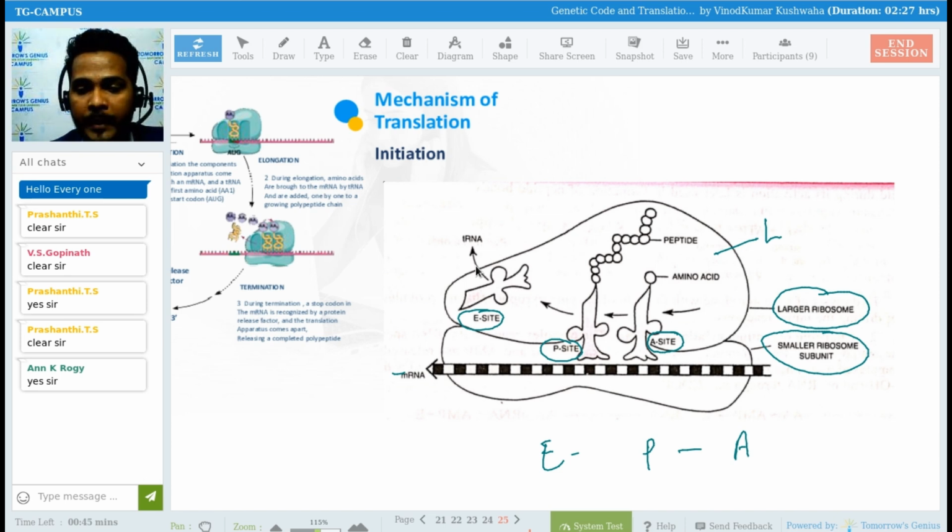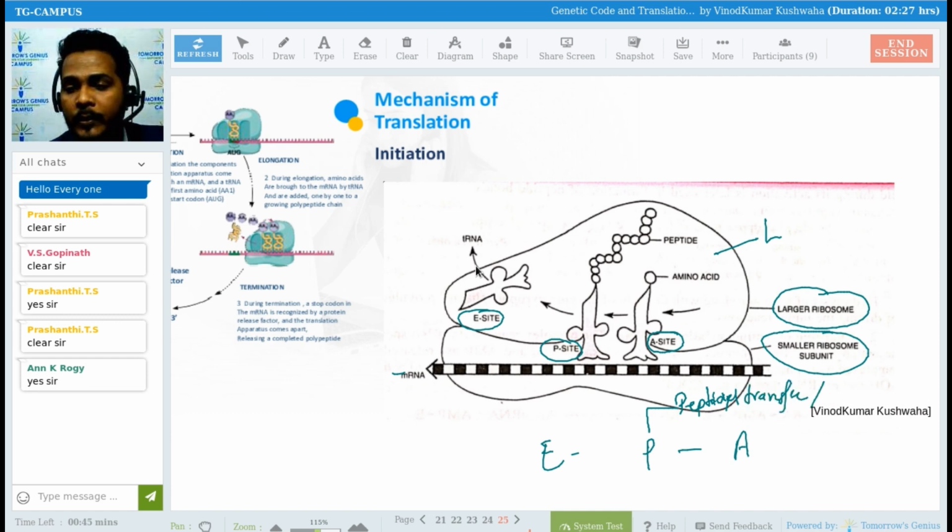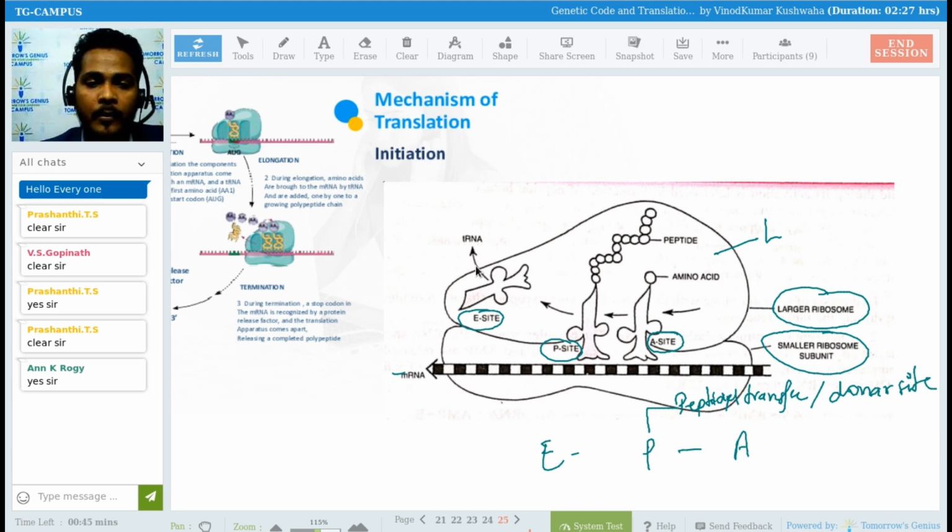P site is referred to as peptidyl transfer, or you can refer to it as the donor site. Okay, this is the P site.